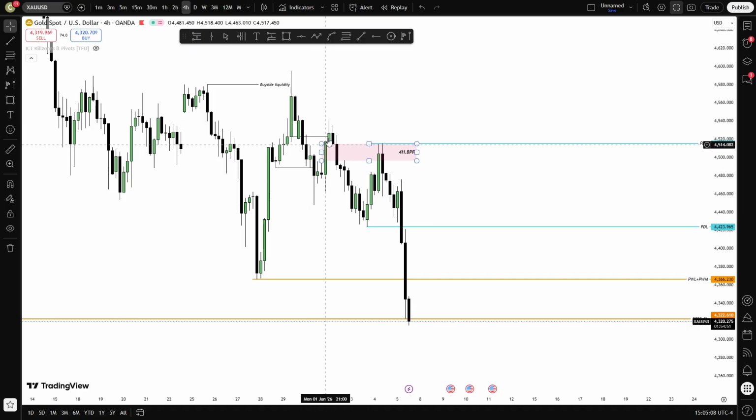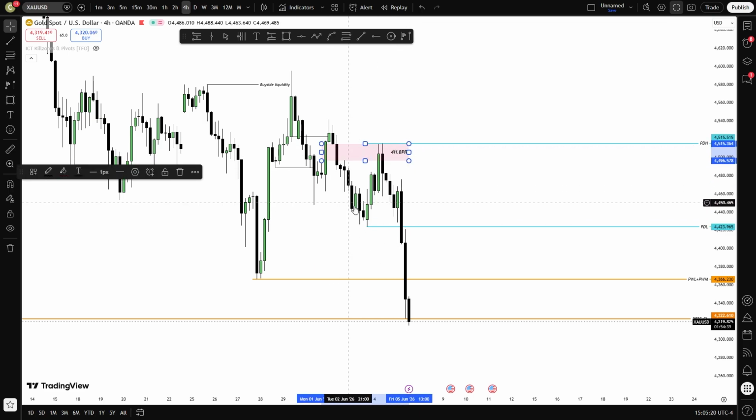So we have this bullish IFVG disrespected with this fair value gap imbalance, sell side inefficiency. So that's created our BPR. The price rallied up to respect here, then going down.